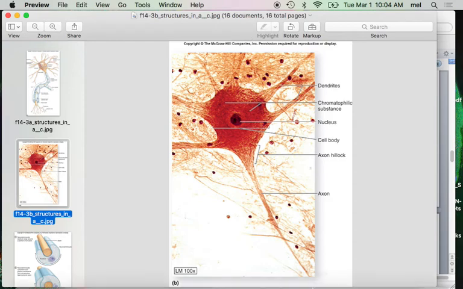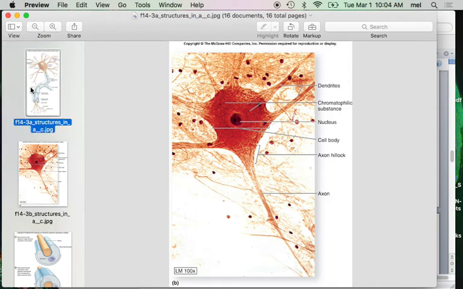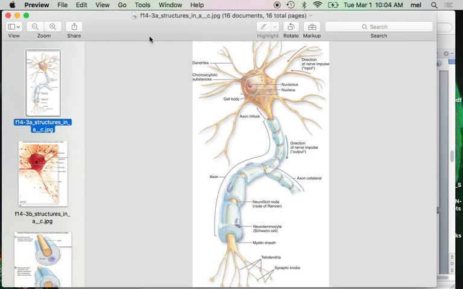This one, of course, does look longer, but you can't really tell how long any of them are, so it's a bit of a fib to say axons and dendrites. However, if you have a drawing, the dendrites are never myelinated, and myelin is this sort of insulating coating. The axon is myelinated, or at least potentially myelinated. And there's only ever going to be one axon, and there can be multiple dendrites. So we'll come back to that in just a second.